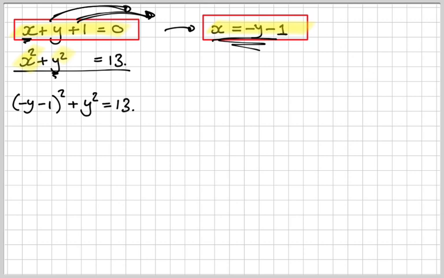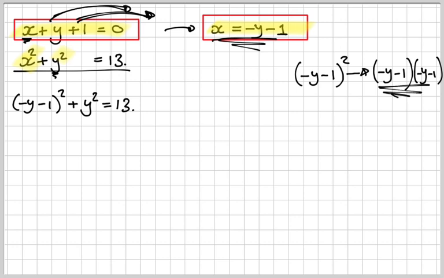Okay, now I'm going to have to tidy it up. So I have this expression here. Now that is the same as saying minus y minus 1 squared is the same as saying minus y minus 1 times minus y minus 1. So that's the same as having brackets back to back.